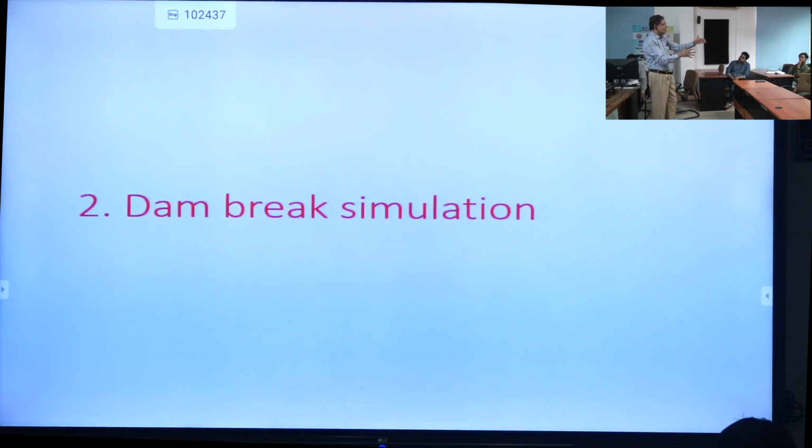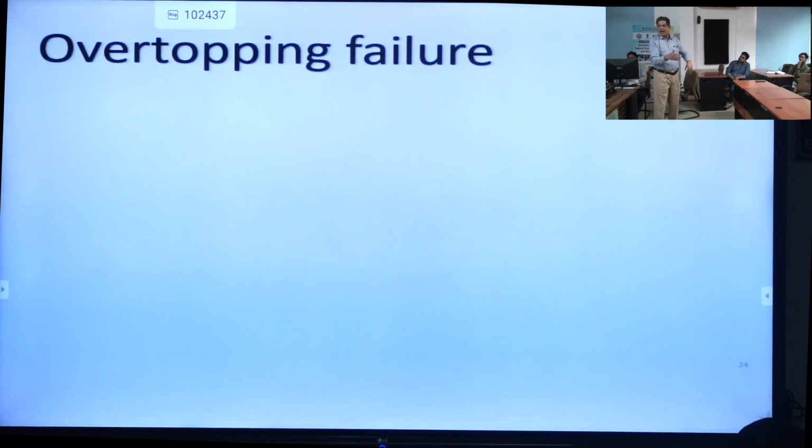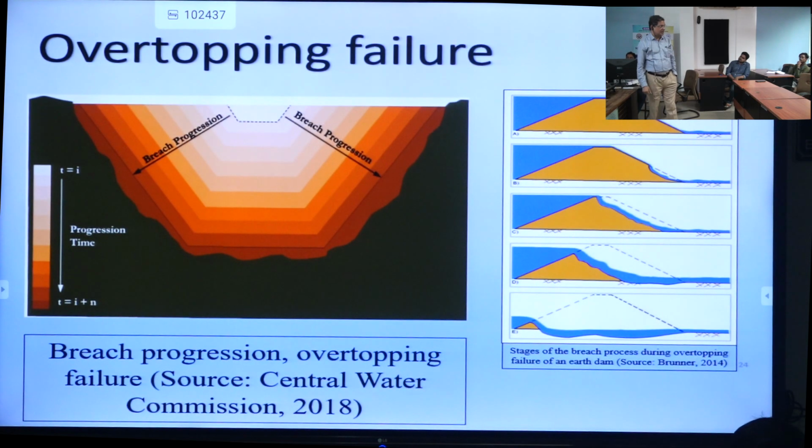And as I said, the dam break simulation. Next. I have given here two different kinds of failure. It can also be through other means. For example, in the overtopping failure, mark the left side figure. Although the first thing was shown as a trapezium, it starts as a point at t equal to 0, when I tell the program that the dam break will happen.